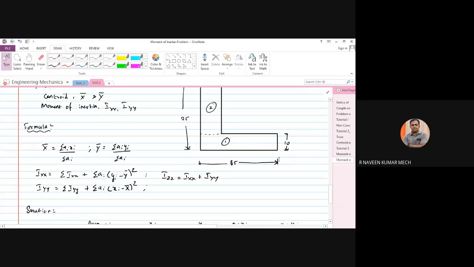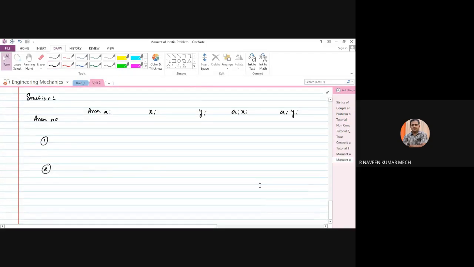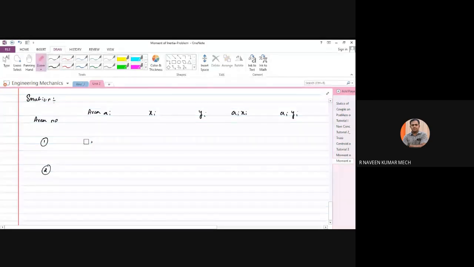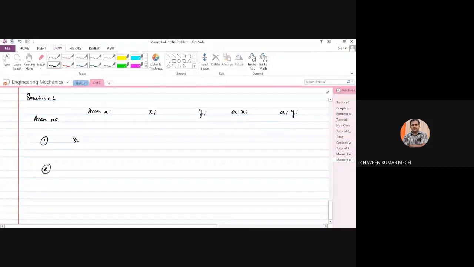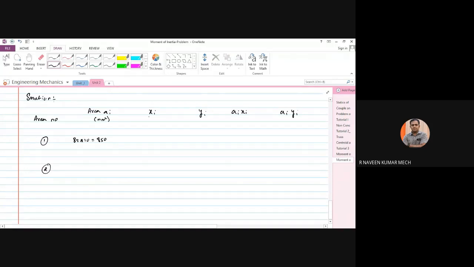B into D, that is 85 into 10, that is 850. Here the unit is mm square.